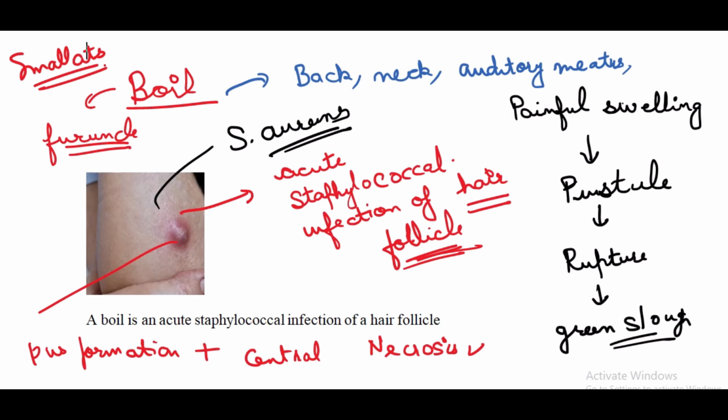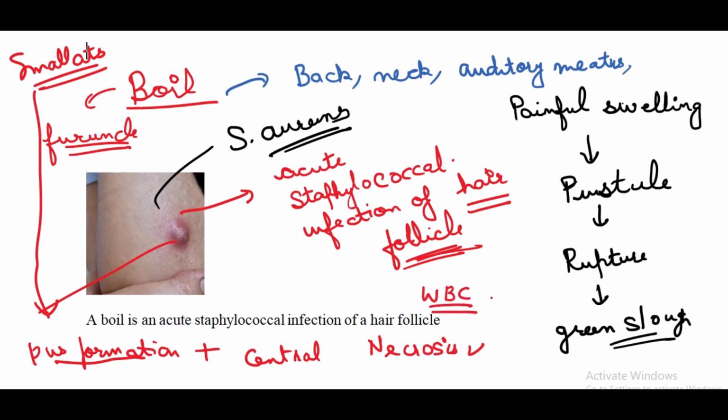What happens is that the body's immune system sends WBCs to the infected area to fight the bacteria. That leads ultimately to pus formation and inflammation. Now, what accumulates to form pus in a boil?